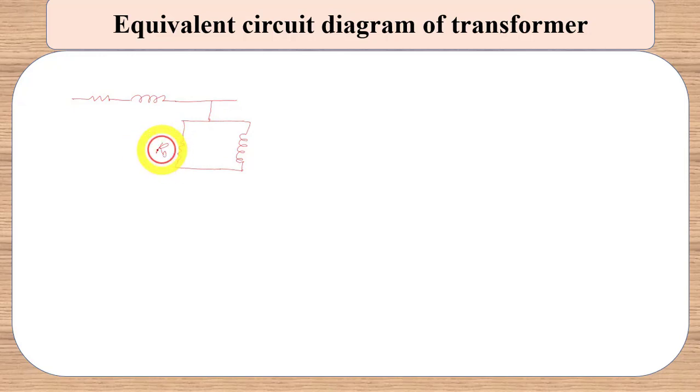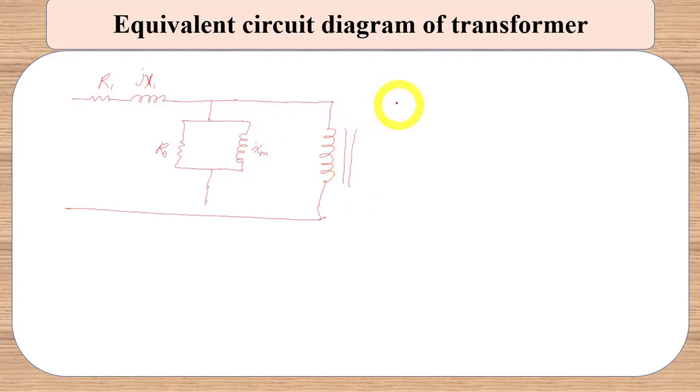This is denoted by R0 and this is denoted by jXm or X0, and this one is jX1 and this is R1, and this is a representation of the core, and this is the secondary winding. Similar to the primary winding, the secondary winding also has some resistance and some leakage reactance.